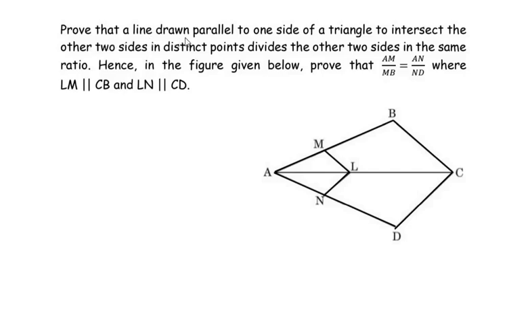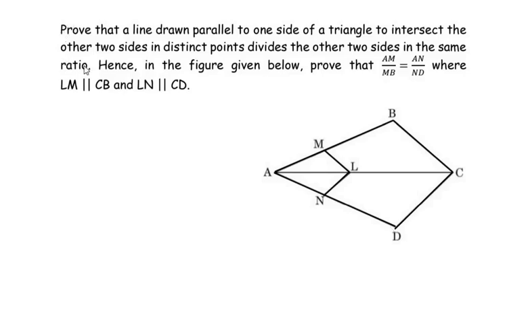Prove that a line drawn parallel to one side of a triangle to intersect the other two sides in distinct points divides the other two sides in the same ratio. Hence, in the figure given below, prove that AM over MB is equal to AN over ND, where LM is parallel to CB and LN is parallel to CD.